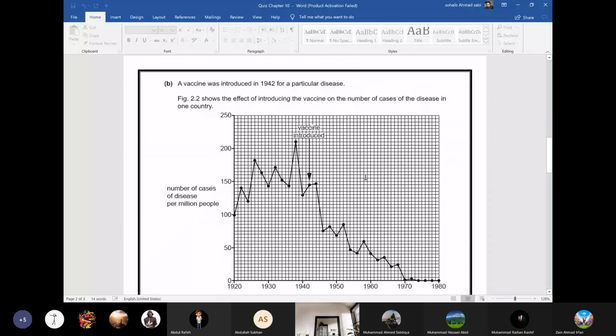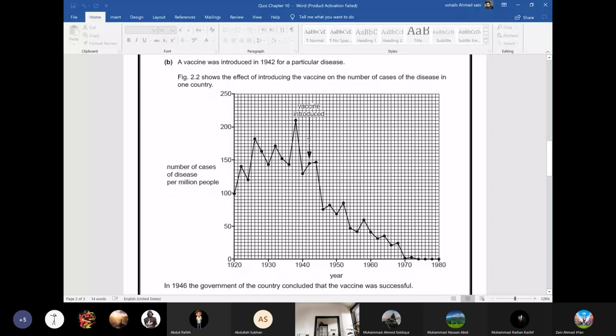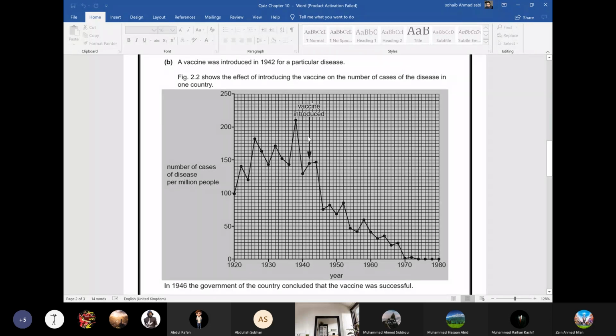Okay, next question. A vaccine was introduced in 1942 for a particular disease. Figure 2.2 shows the effect of introducing the vaccine on the number of cases of the disease in one country. Now, guys, look here. This is the time when the vaccine is introduced. This is 1942.